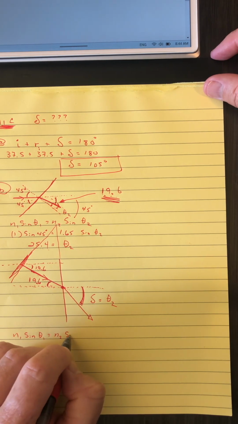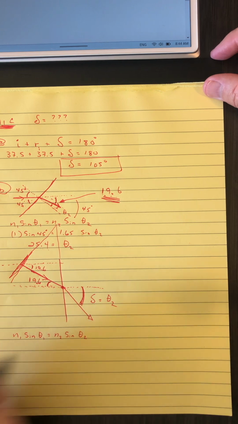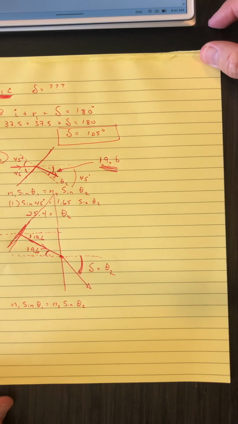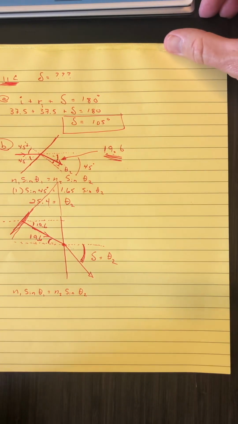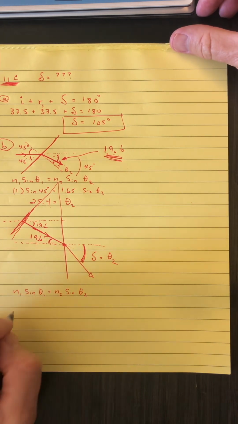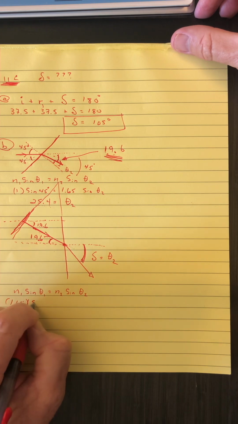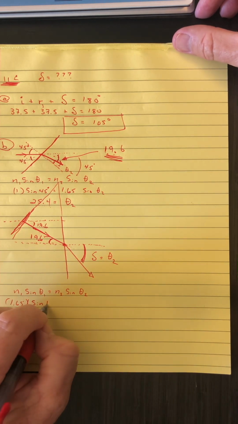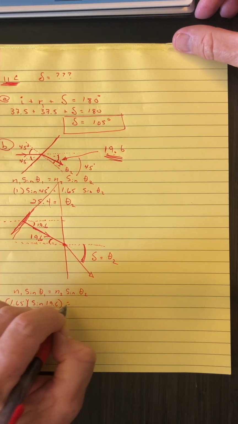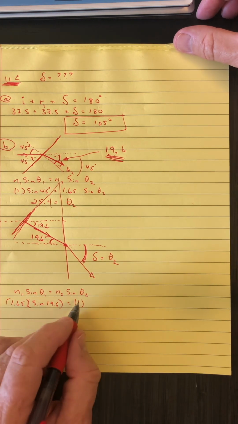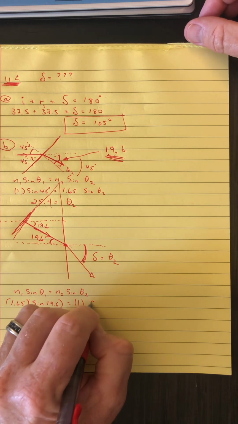to this second and last case. I could say it's starting in the glass, so this is 1.65. It is then entering at an angle of 19.6. It's going into the air, so n is equal to 1.